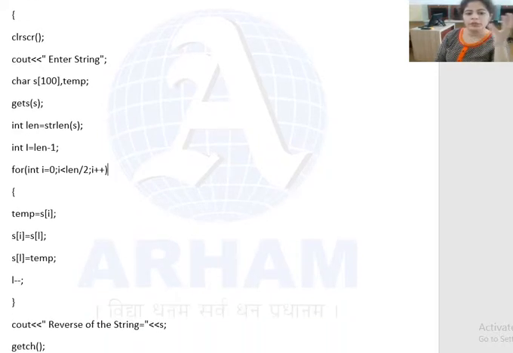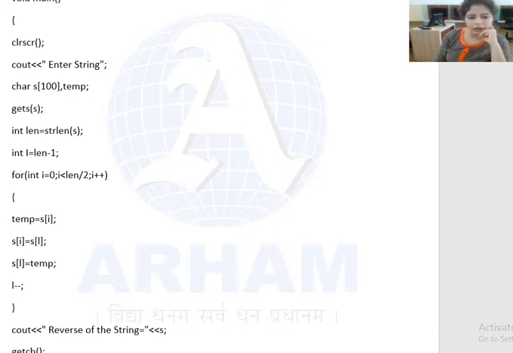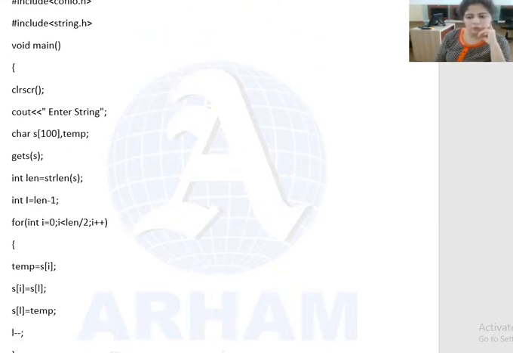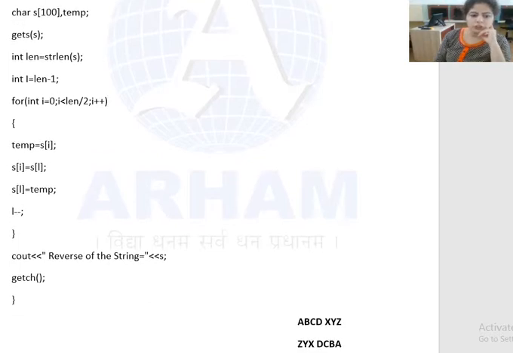Now, if we have to reverse a string, we have to swap the values of the string. You know that when we perform swapping, we exchange variables by using a temporary variable. So it is the same here.